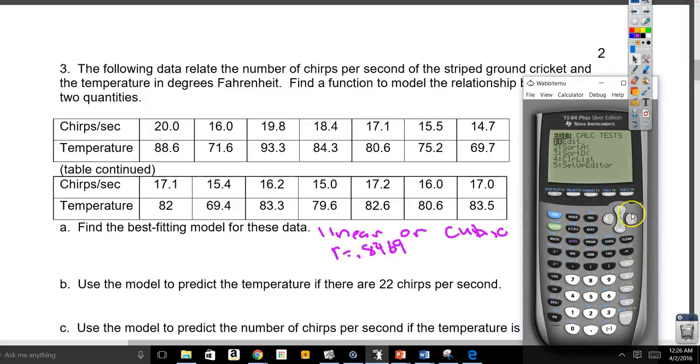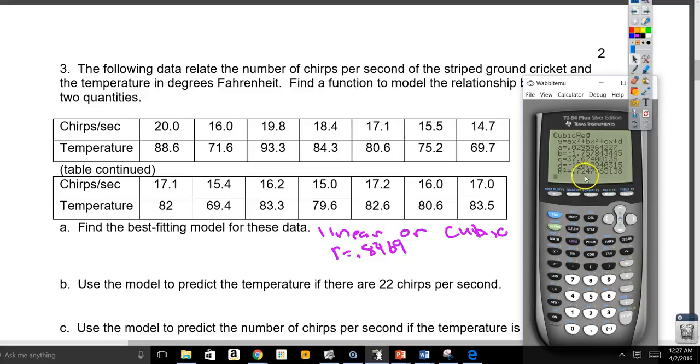So stat calc, see cubic, so we're going to do that one. We still have to tell it list 1, comma, list 2. But this time, when we put it in our vars, y vars, we're going to pick y2. So we can look at them both at the same time. So enter. So there's our information. We have an R squared of 0.72.